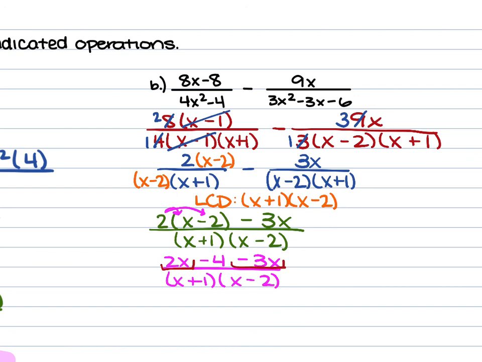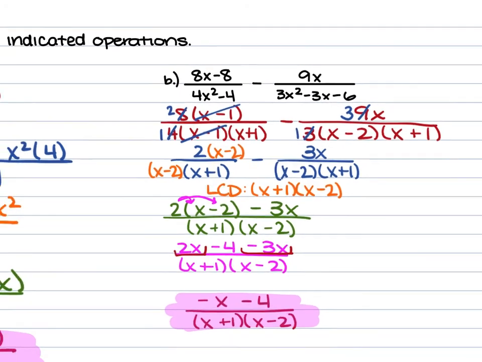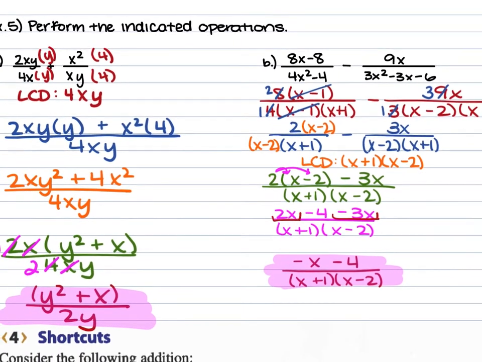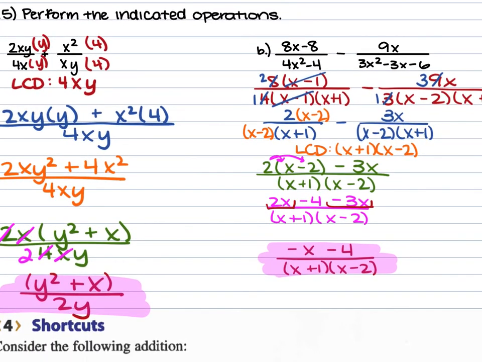So we have 2x minus 3x, which is just negative x, minus 4, all over x plus 1 times x minus 2. If you wanted to factor out a negative 1 from the negative x minus 4, you could have done that. However, it's not going to simplify any further than it already is. So you can just leave it as negative x minus 4 over x plus 1 times x minus 2.